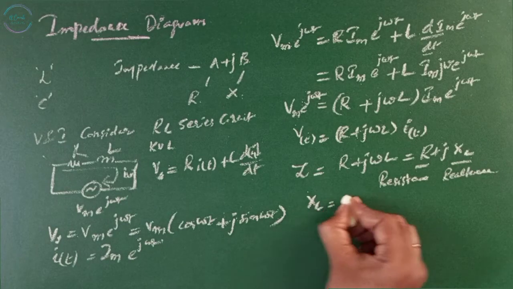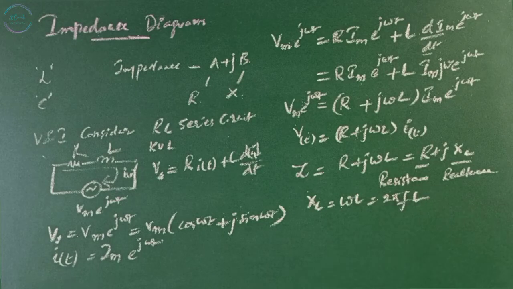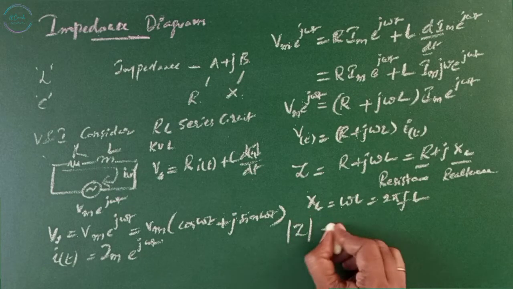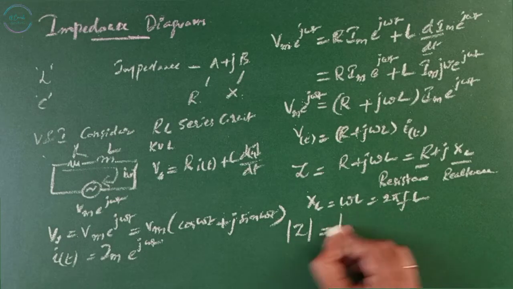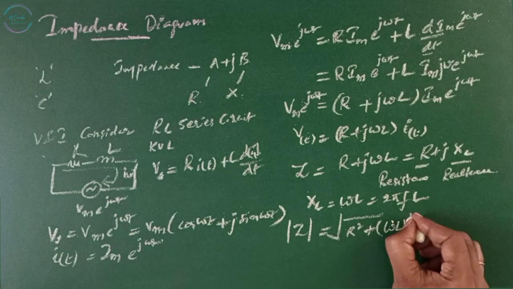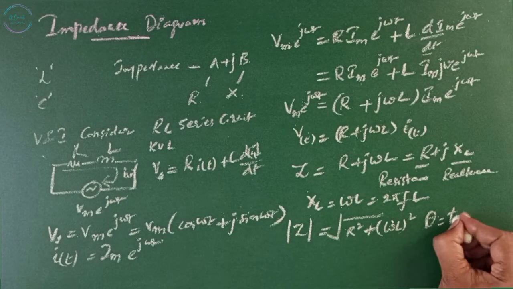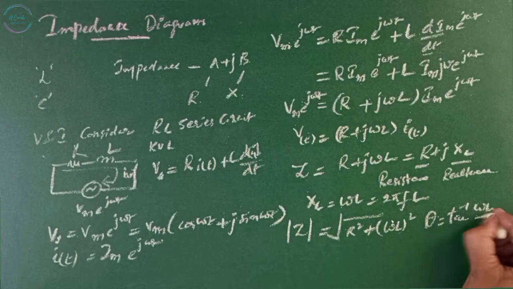XL is given by omega L, where omega is 2 pi f. The magnitude of Z, impedance, is given by square root of R square plus omega L square, and the angle is given by theta equals tan inverse of omega L by R.